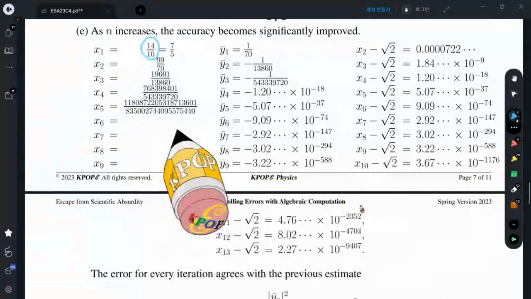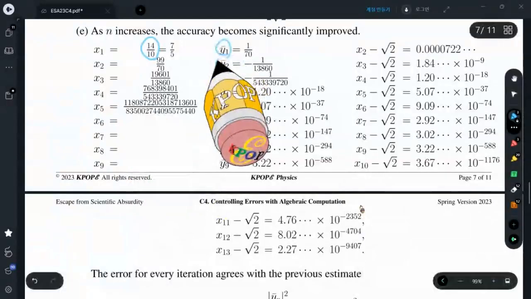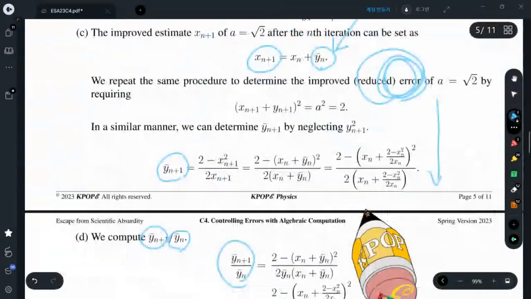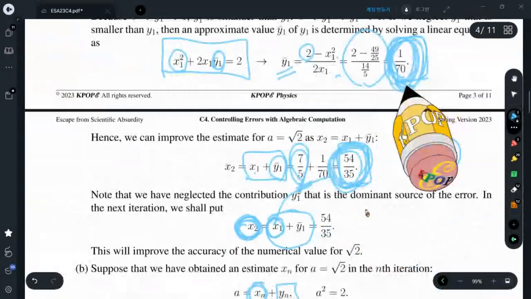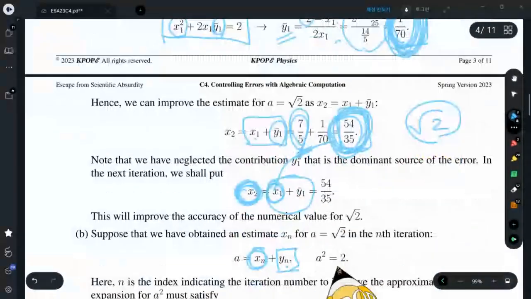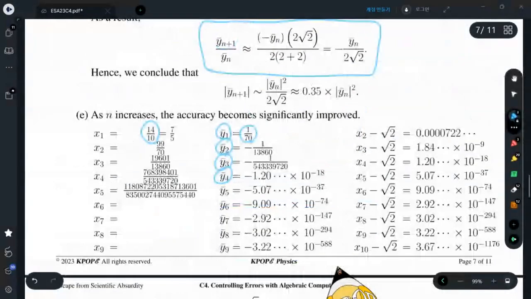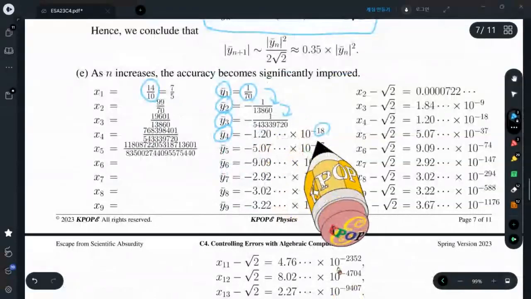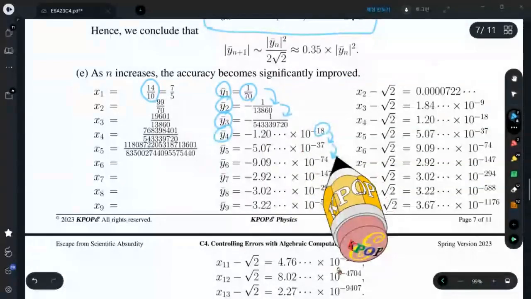So my idea is to find out the size of the error term. I began with the 1/70th. Remember, in our first step calculation, our error was 1/70th. Step by step, you can see the powers, 10 to the 18, remarkably increasing accuracy.